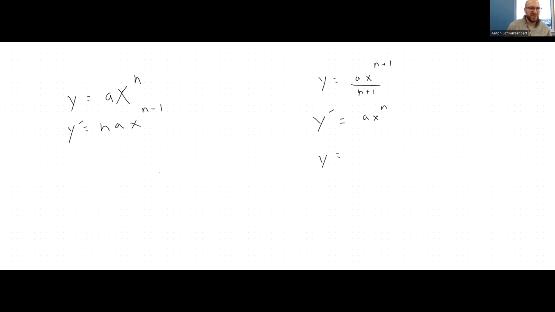Let's do it with a couple of examples. That'd be x to the fourth divided by 4, because I'd multiply by 4, cancel my 4s, reduce the power.